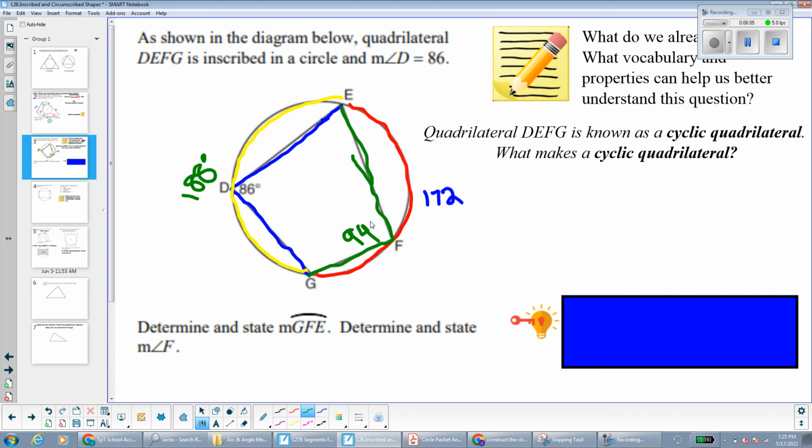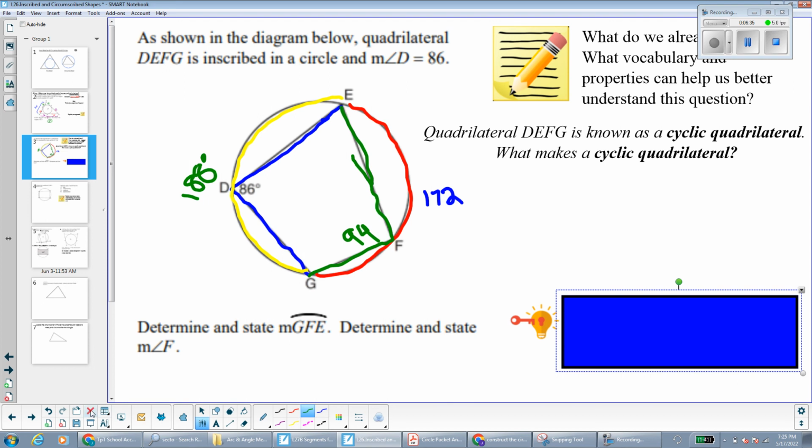Do you remember another word for two angles that add to 180 degrees? Wonderful, supplementary. So this is actually a property of shapes that are inscribed in circles. First of all, when a shape is inscribed inside a circle, we call it a cyclic quadrilateral.